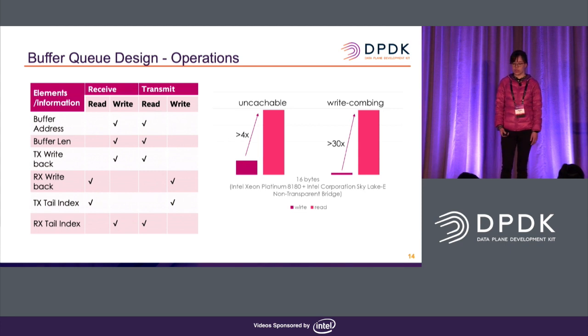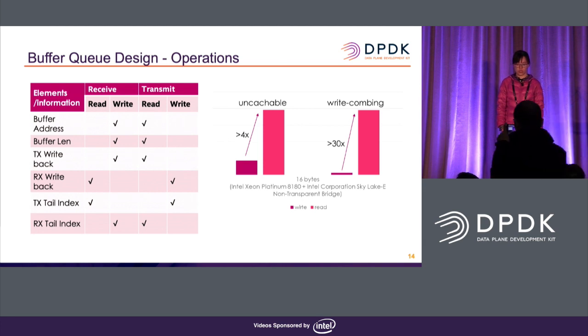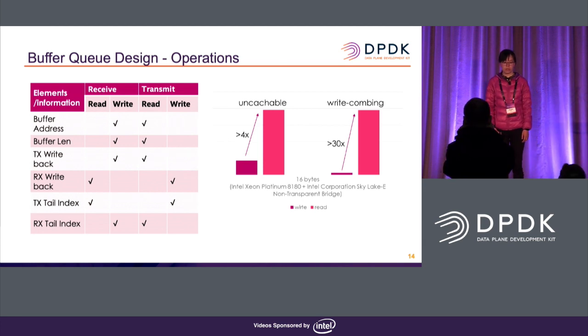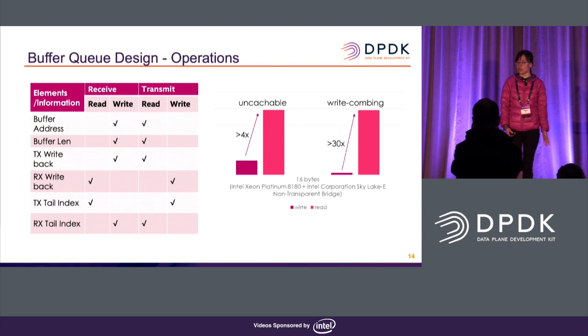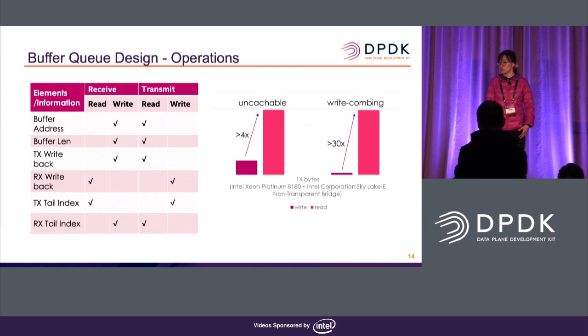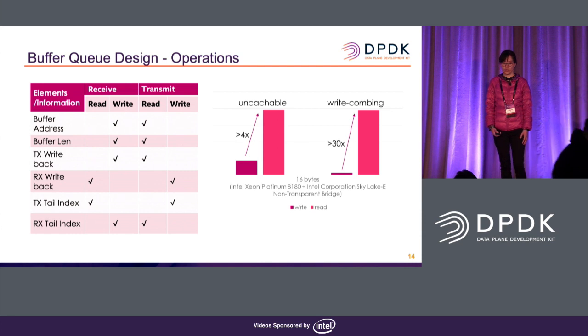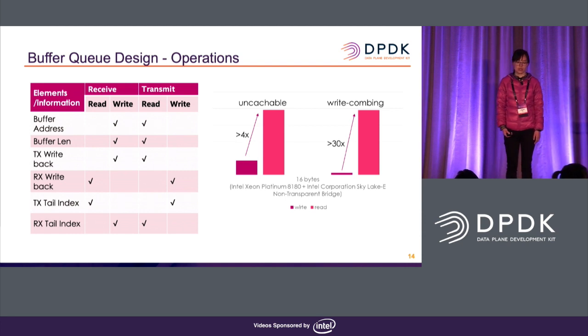So these are the hardware specific features, and then we go to what we need to provide when we design a ring. For the buffer address, the transmit side needs to know where to transfer the packet, and the buffer length, the size that the peer provided to me to transmit. The TX write back tells the transmit side the status of the transmit.